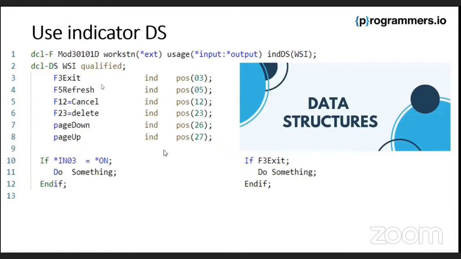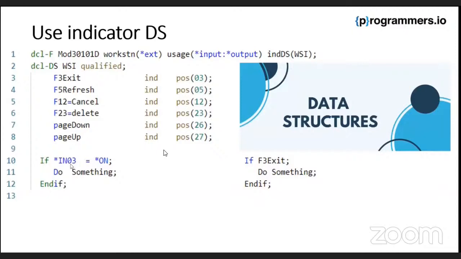So we can easily understand that F3 is for exit purpose, F5 is for refresh purpose, F12 is for cancel, and another key is for delete purpose. And instead of using F3, we can also write exit only. But if our team is using F3 for the exit purpose, or maybe someone is using F5 for exit, then this way we can easily understand what it means.